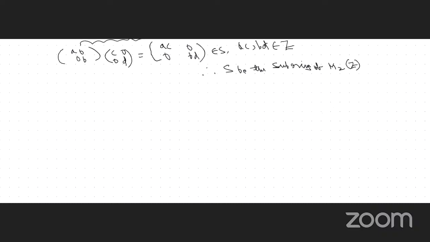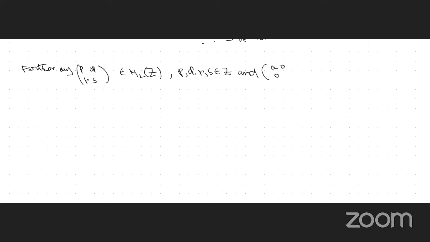Next, further, for any [P Q; R S] belonging to M2(Z), where P, Q, R, S are integers, and [A 0; 0 B] belongs to S, where A, B belong to Z.